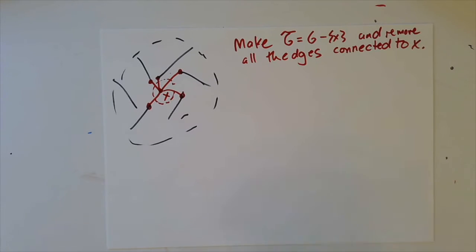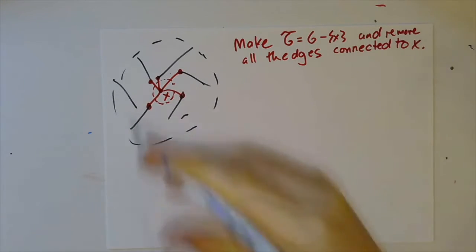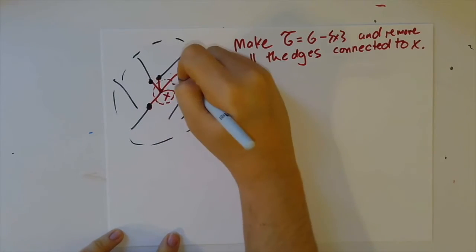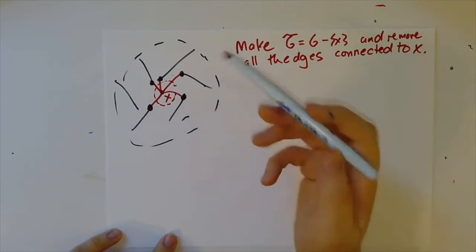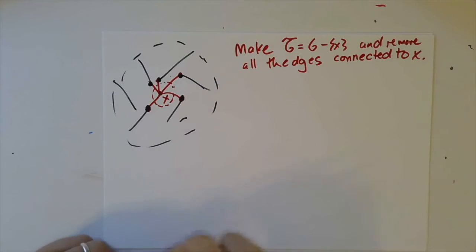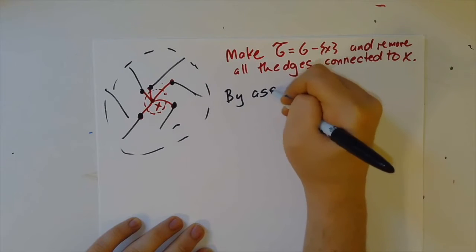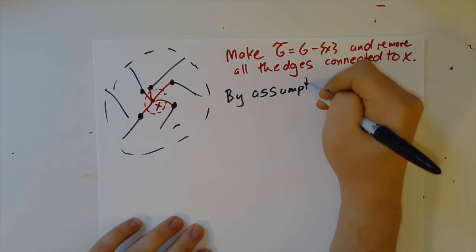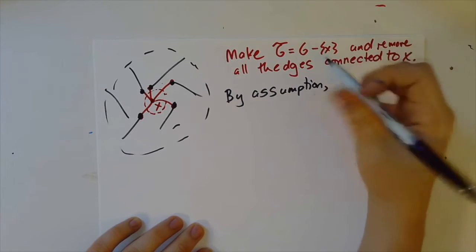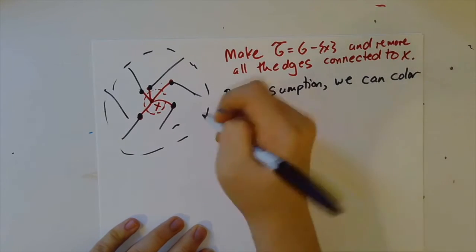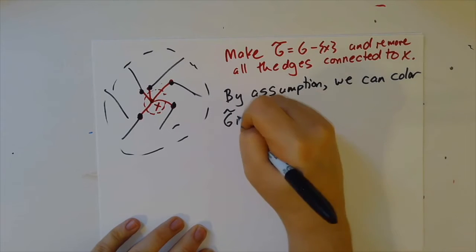So in other words, G hat is just the black graph here, where I guess I should have left these vertices as black, but I've taken the red part away. By assumption, we can color G hat in 6 colors.